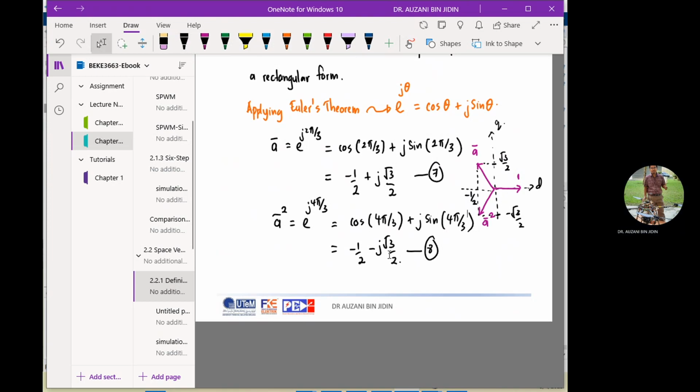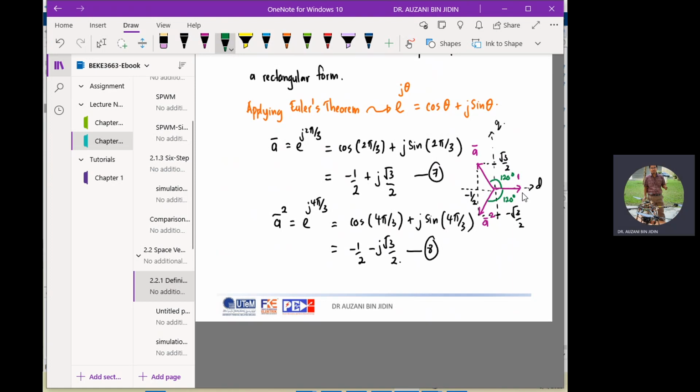Clear? So then by referring to the equation 7 and 8, actually the different angle between unit vector A and 1 is 120 degrees. So same goes to the unit vector power of 2.